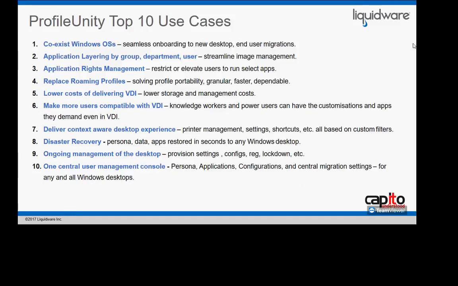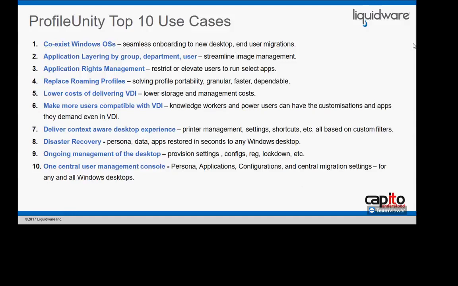Again, something that ProfileUnity can deal with using things like Profile Disk and what we call Profile Bridge, so that I can cache and index your Outlook files on a virtual hard drive that just gets attached at the time of login. So I don't sit there for days and days while gigs and gigs of mailboxes get synchronized with the desktop, only for you to log out 5 minutes later and it's all gone again. I can actually speed up the login process and deliver that type of solution.